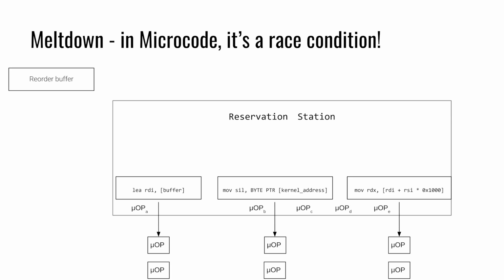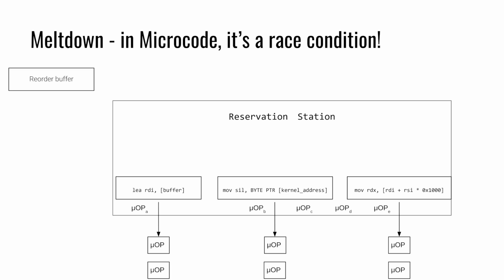And those pieces of microcode get sent out from the reservation station. For the most part, they don't depend on each other, so they can execute simultaneously, depending upon what pieces of the CPU are needed.